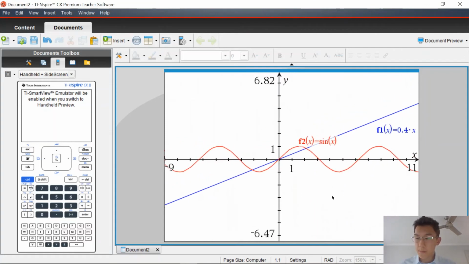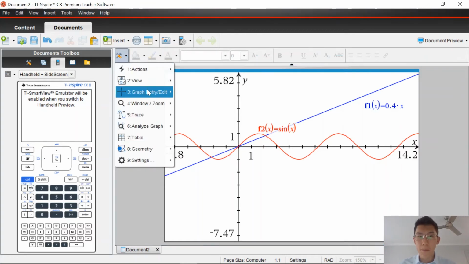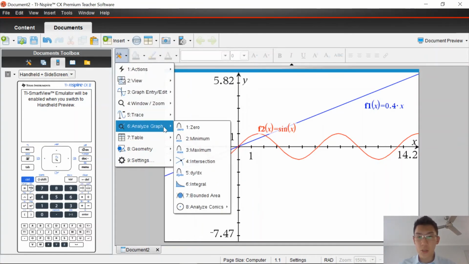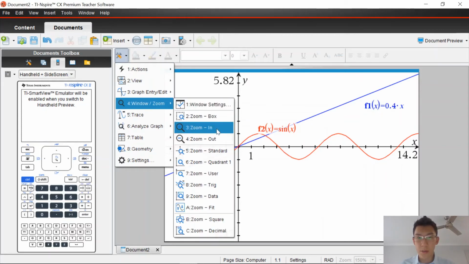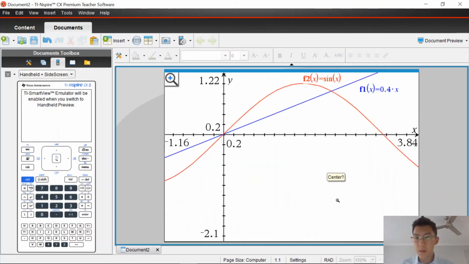Now, we can get the answer straight away here, but we need to at least show some methodology when we're answering this type of question on a calculator exam. So let me zoom in a bit because I'm only interested in quadrant 1, which is my top right quadrant. So there we go.